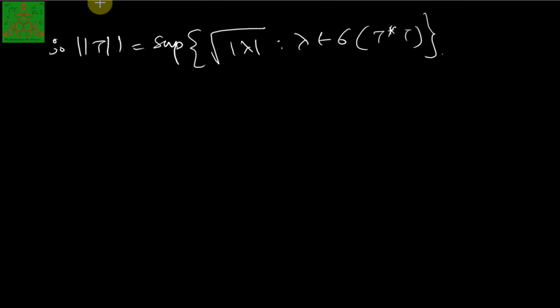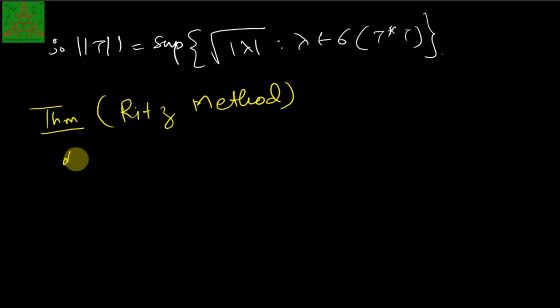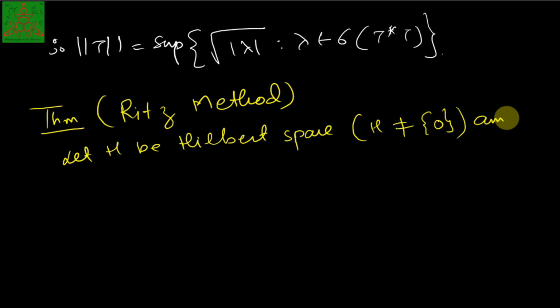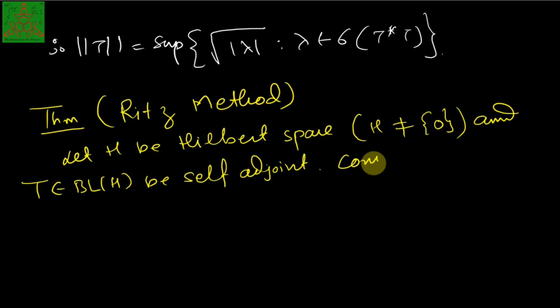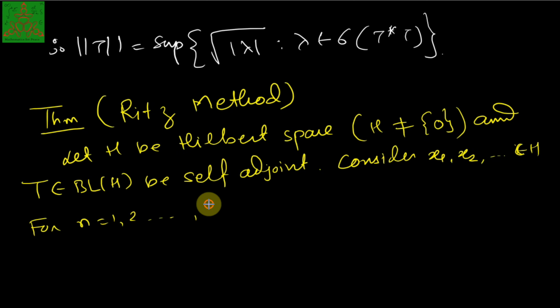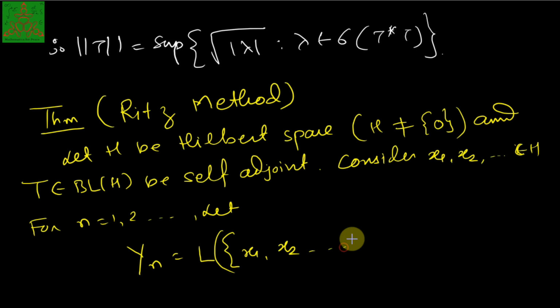Now in this self-adjoint operator, we have a last result, which is known as the Rayleigh-Ritz method. Let us see what this Rayleigh-Ritz method is. Let H be a space, H is not equal to 0, and T belongs to BL of H, self-adjoint. Consider x1, x2 and so on, they belong to H. Then for n running from 1 up to so on, let us consider Yn, which is the linear span of the finite elements x1, x2 up to xn.